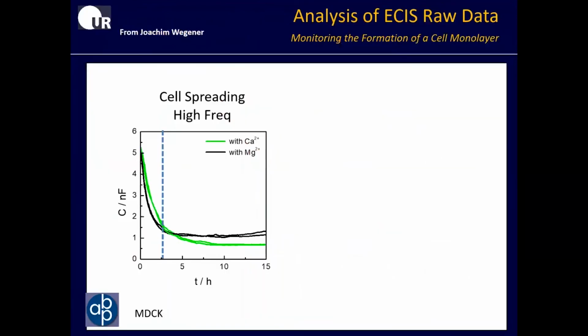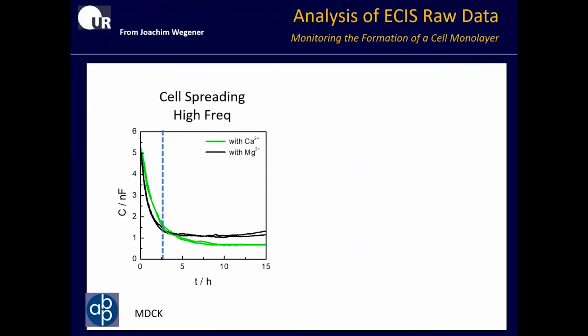Here's an example of this where we're looking at MDCK cells again attaching and spreading. They're inoculated at time 0. The electrodes here, I believe, have been coated with gelatin or fibronectin. I'm not certain. But notice there are 2 green traces and 2 black traces.